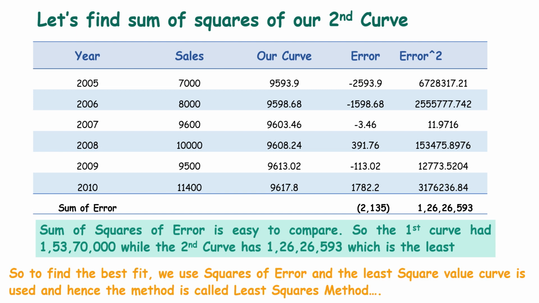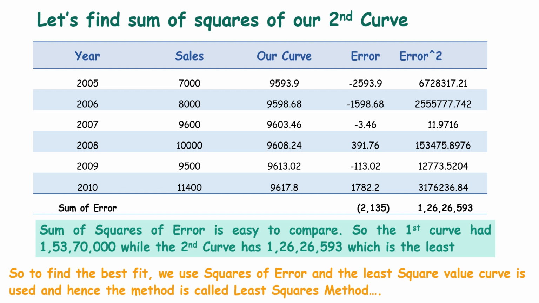So to find the best fit, what we use is square the errors, and the curve that is giving you the least value is taken as the best fit, or probably the better fit. So that's where the method comes as the least square method.